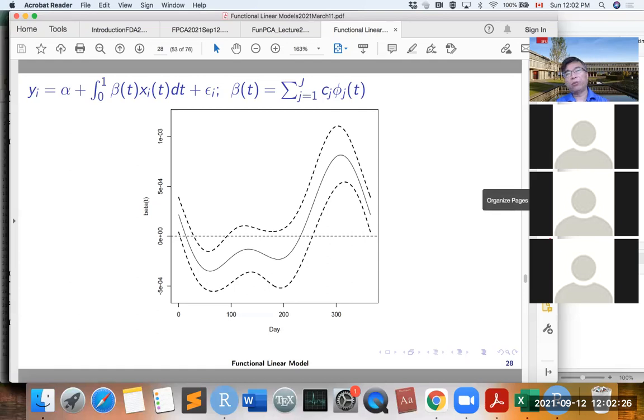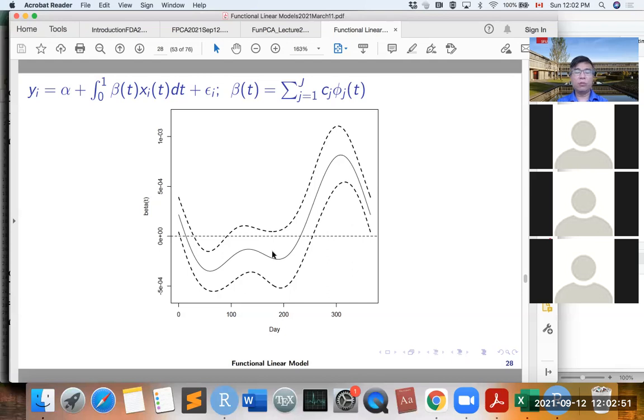When we present to our collaborators, sometimes they still feel a little bit confused. Not everybody feels comfortable using these confidence intervals to define the significance of beta t, the significance of this effect.